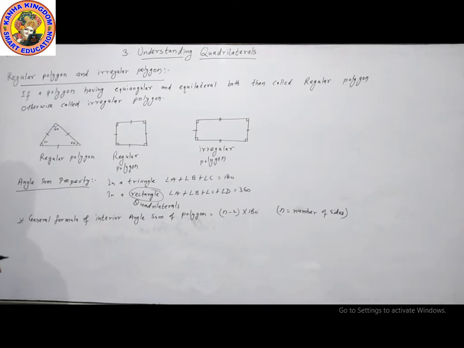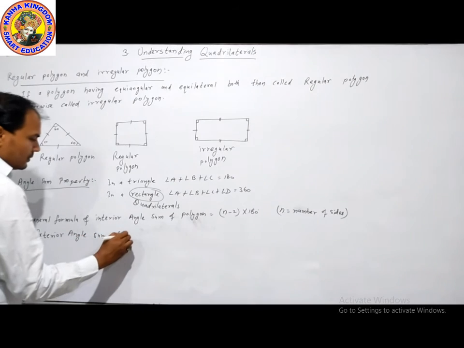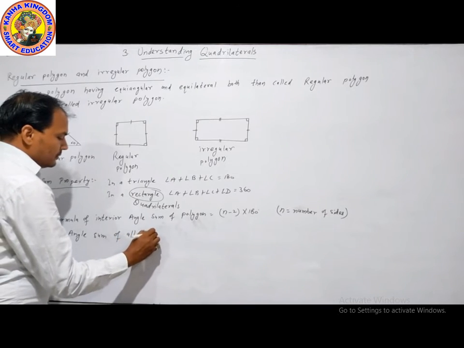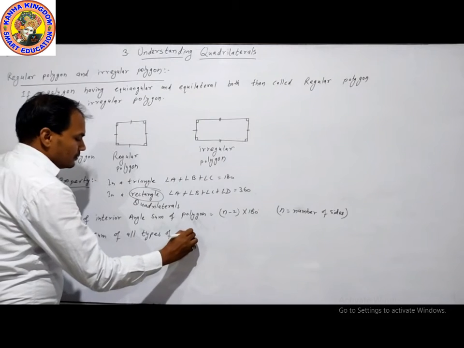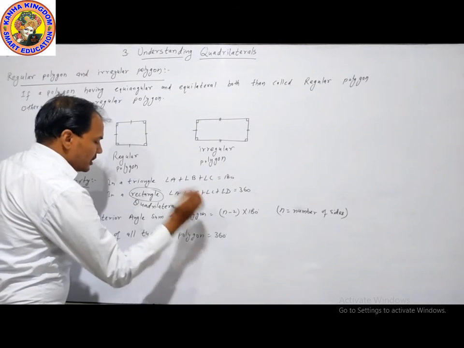Now exterior angle. The exterior angle sum of all types of polygon is equal to 360 degrees.